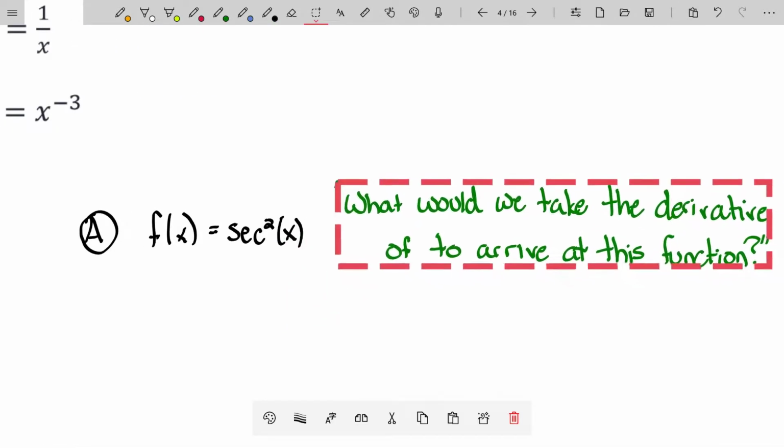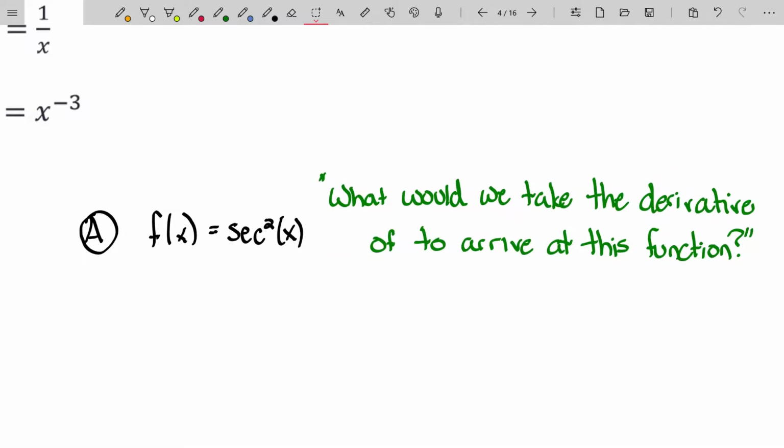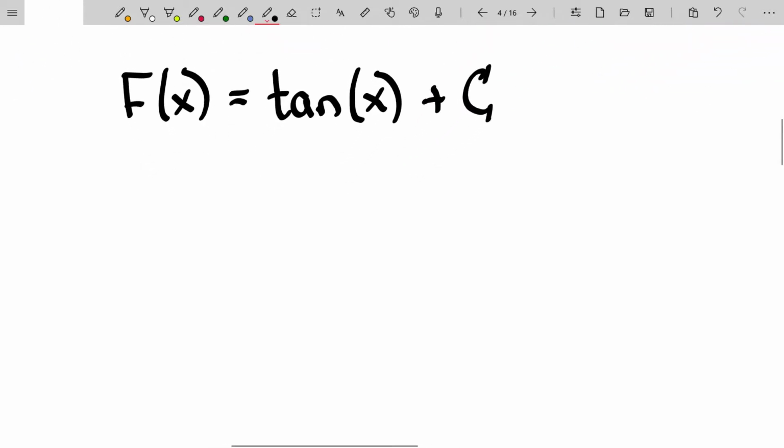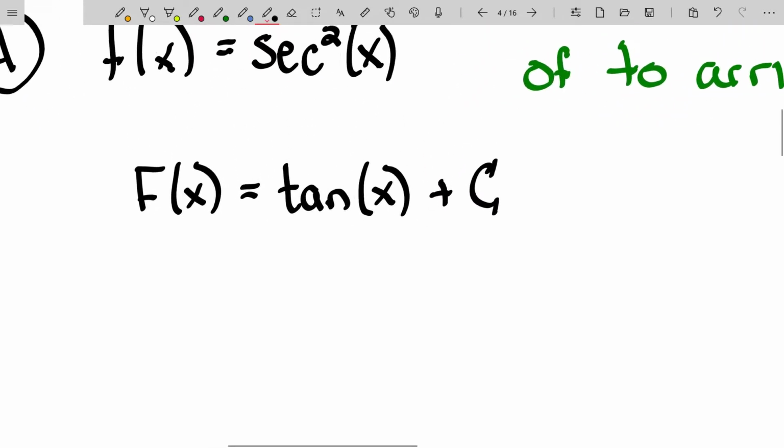What would you take the derivative of to arrive at this function? Well, we know we would take the derivative of the tangent to arrive at this function. So I'll just say that capital F of x is equal to the tangent of x. But now we're going to put in a plus c because that would be the most general antiderivative.